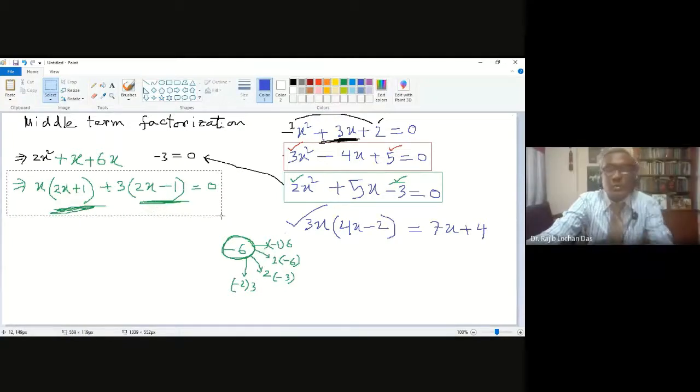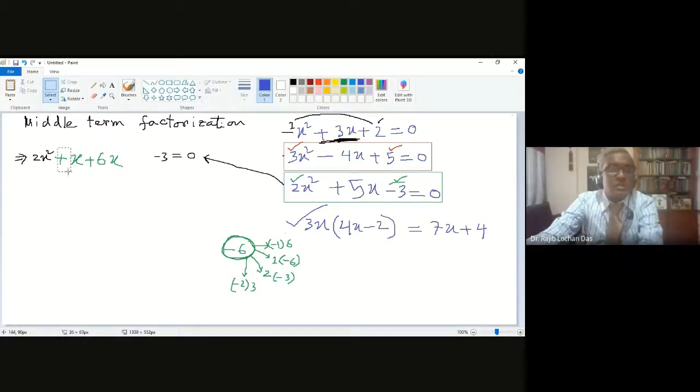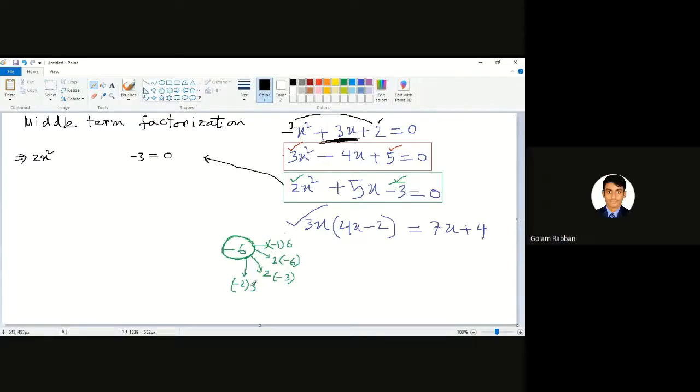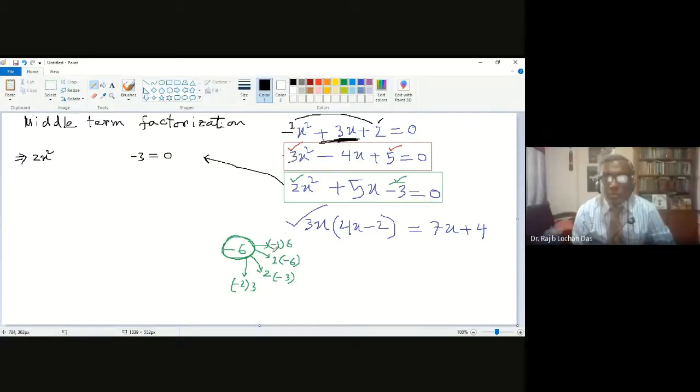So what will be in this case? If it is plus 5, then what will you write? Minus 1 and 6. Which combination will you take?